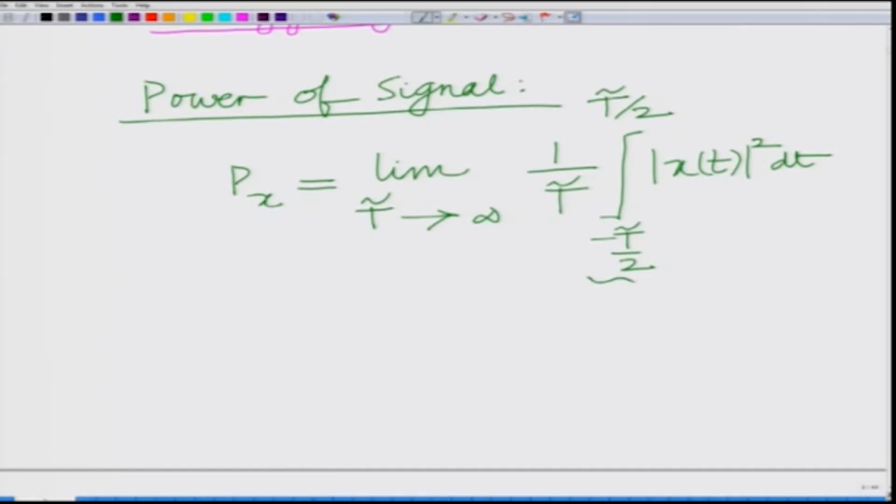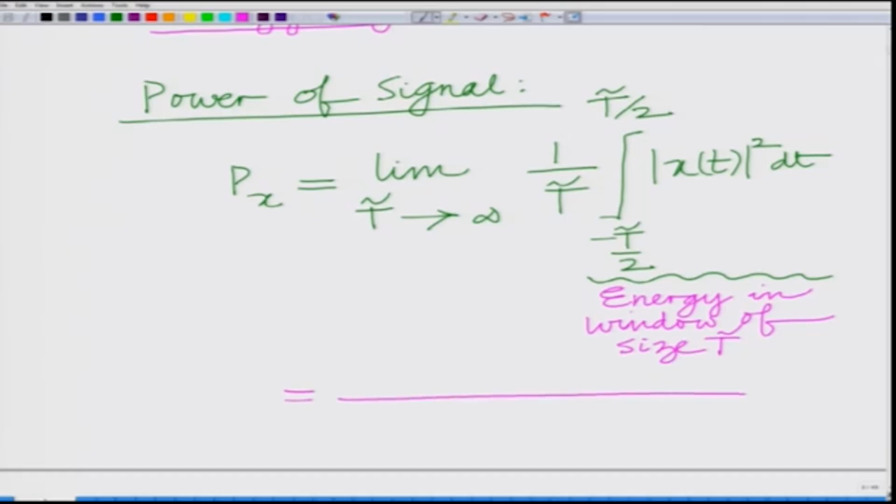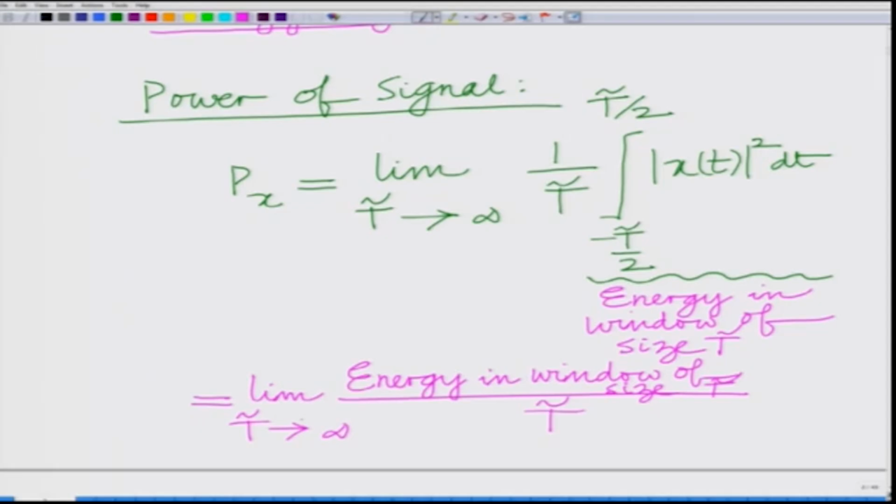If you look at this quantity here, the integral from minus t tilde by 2 to t tilde by 2 is the energy in a window of size t tilde, divided by t tilde, and the limit is taken as t tilde tends to infinity.